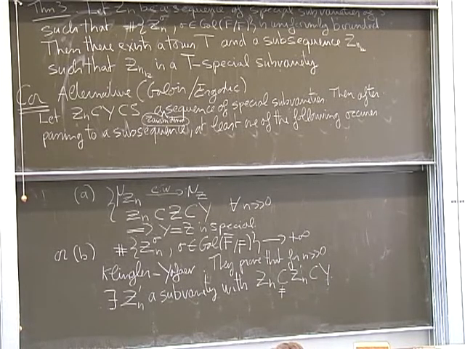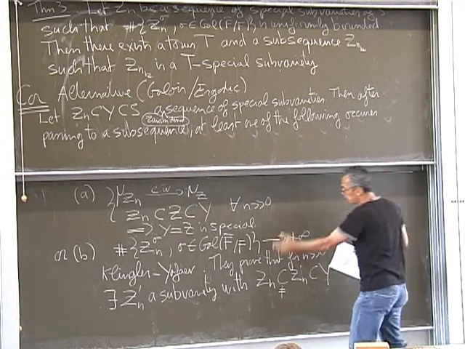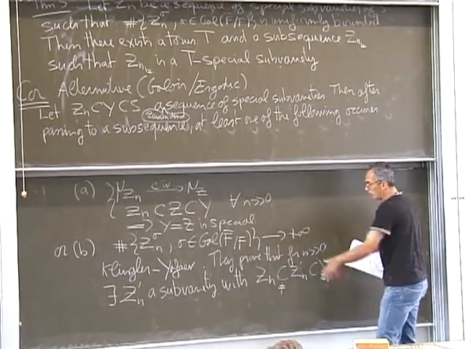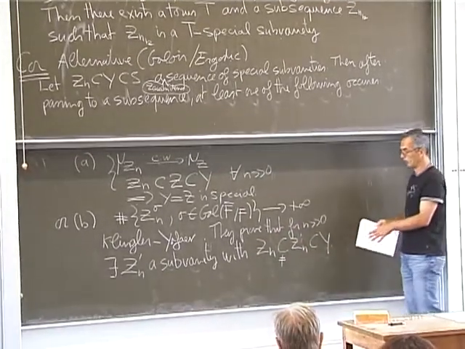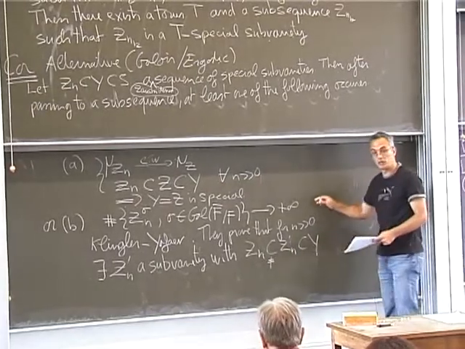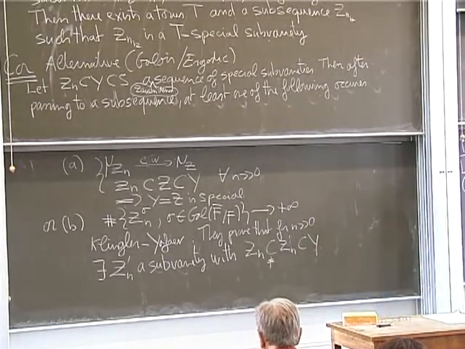And as in the case of the Manin-Mumford conjecture, you can formally finish the proof from this. But this is the hard part. I mean, it's non-obvious at all.